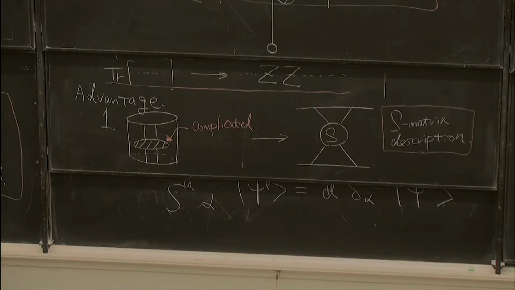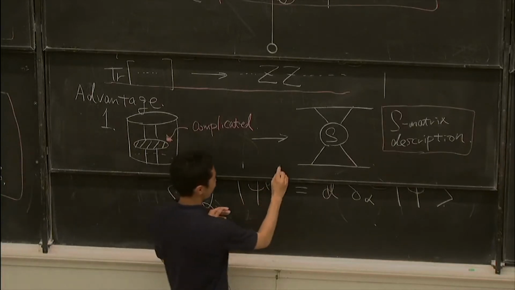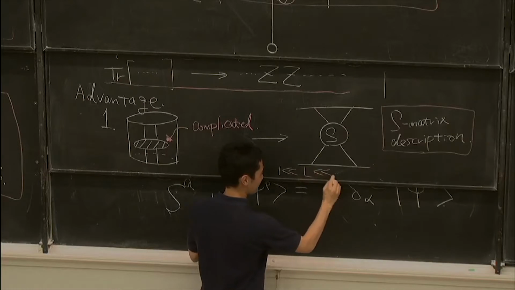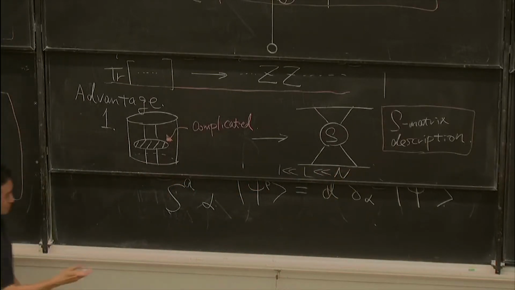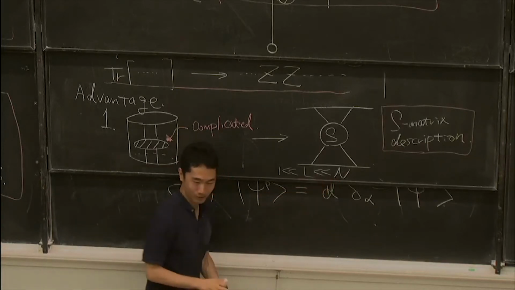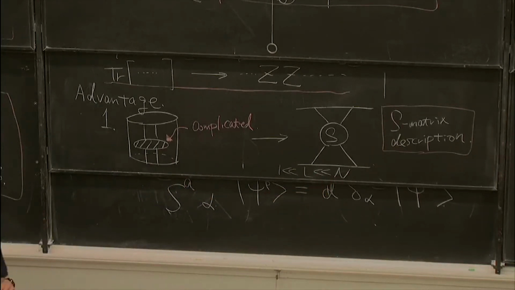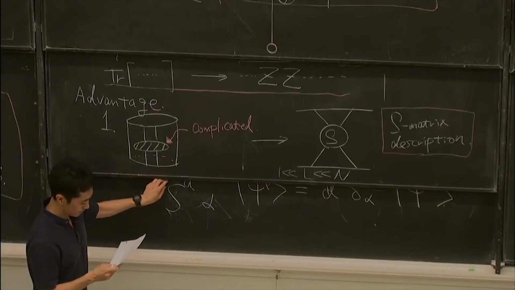Yeah, n is always much larger. So it's a little bit tricky to say exactly what I'm doing. But I'm taking L to be very large, but much smaller than n. Because if L is of order n, then there is no distinction between single trace and double trace, and things get more complicated. So this is the basic idea.